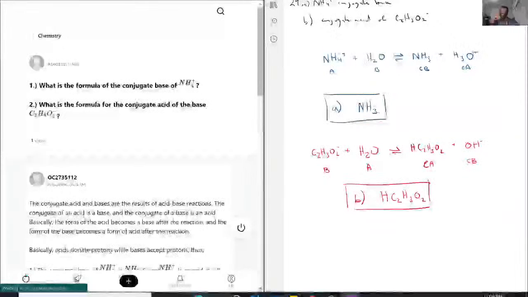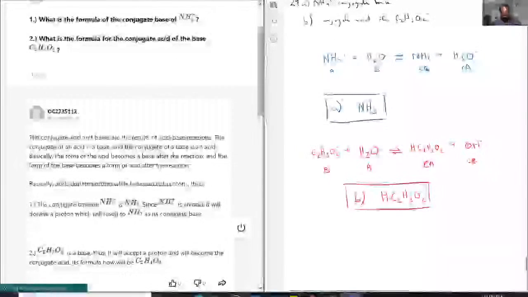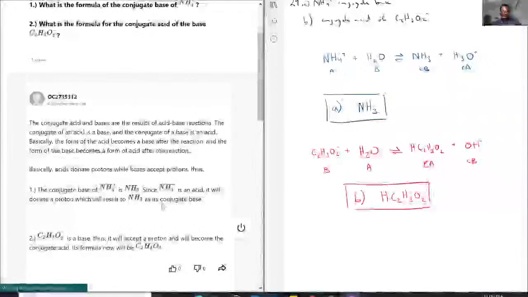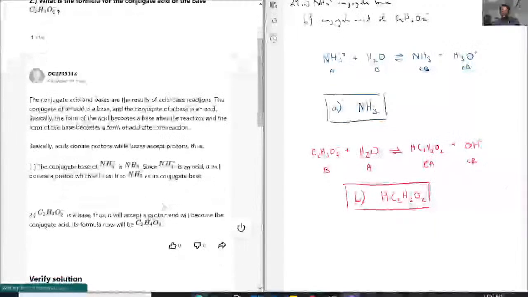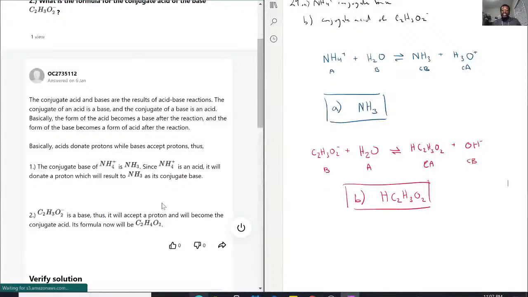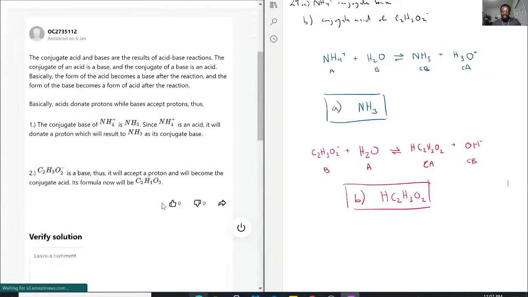So there you have it, the conjugate base and conjugate acid of these. Okay? And now, let's see what our colleague got. They got NH3, perfect, ammonia as a conjugate base, and C2H4O2, or just HC2H3O2. Same thing, that would be the conjugate acid in this case.